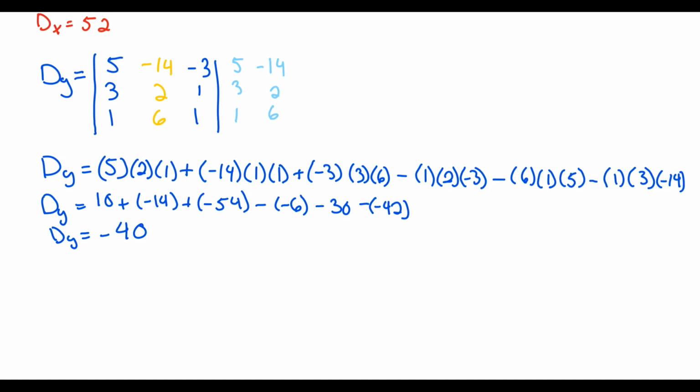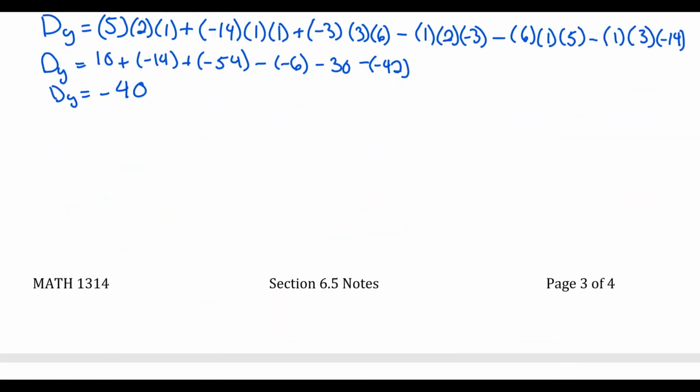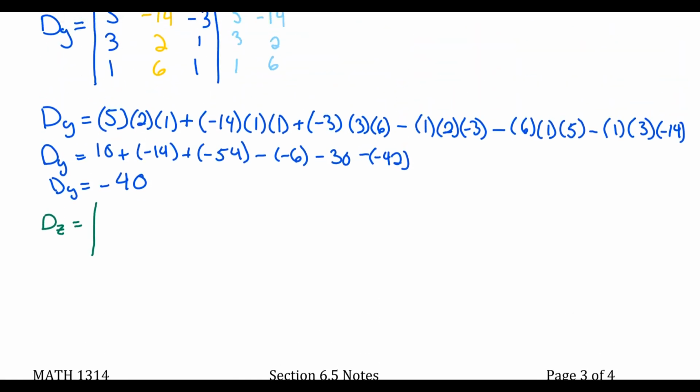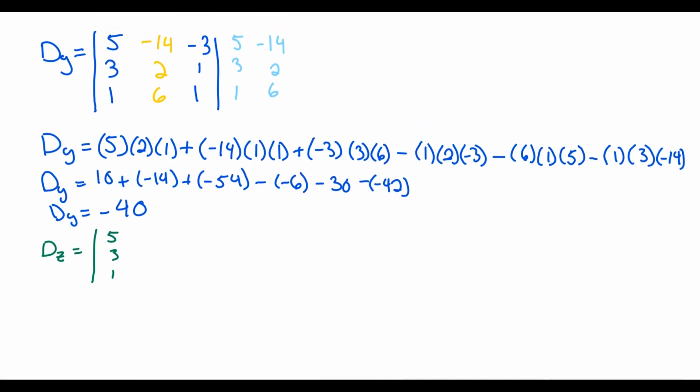Okay, I found these 3. Now I've got to find d sub z. So whenever I come down, I'm going to have d sub z is equal to, my first column goes back to 5, 3, 1.